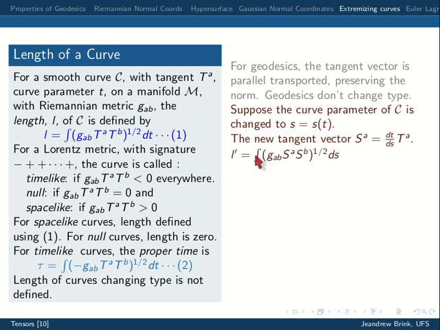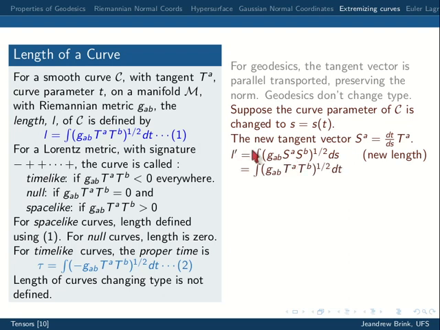But the interesting thing is, suppose you have measured the length along a curve using the new parameterization. In other words, you have the integral of (g_ab S^a S^b)^(1/2) ds rather than dt. That's the length in the new parameterization.